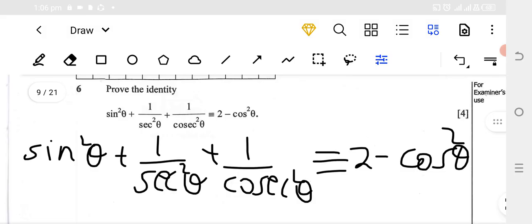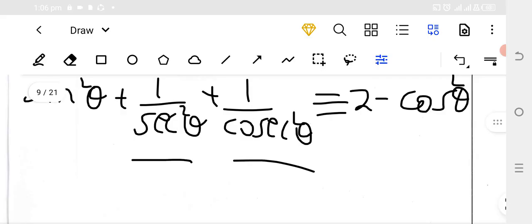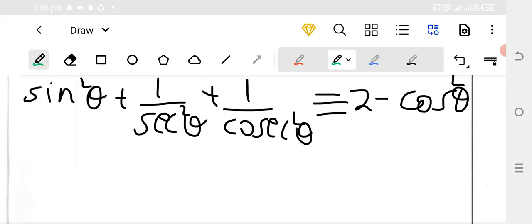So what you need to know is sec theta squared and cosec theta squared. These are inverse trig functions. So what do I mean when I say that?